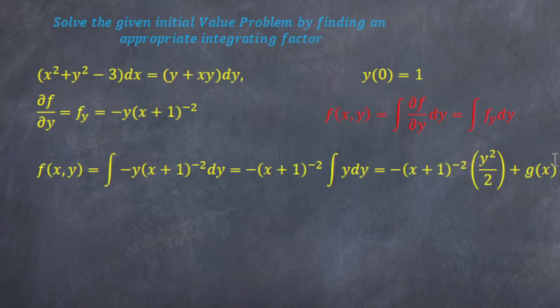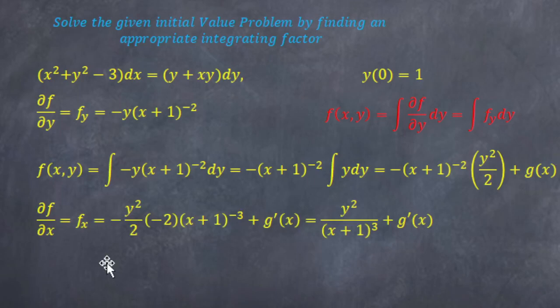Now after that, we'll take the partial derivative of f with respect to x. Why do we take this? Why are we finding the partial derivative of f with respect to x? So that we can equate this to our m and then solve for our g of x here.